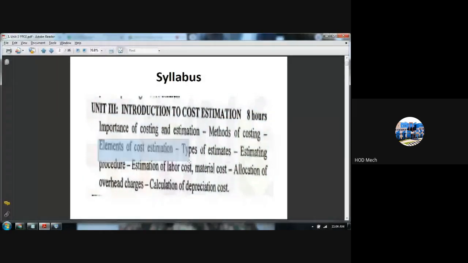Then the second pattern is elements of cost estimation. What are the terms that come in a cost estimation? What are the key terms we are using? Similar to, for example, when you go through kinematics of machinery and talk about gears, you have some basic terminology: addendum, dedendum, pitch circle, module, teeth.